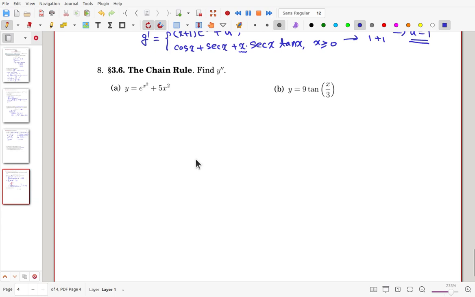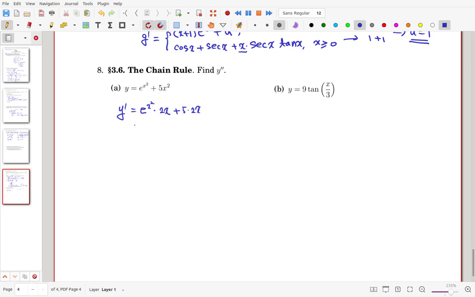Okay, here we have a final problem. By using the chain rule, we'll try to get the second derivative of the functions. First, y prime is the same as, momentarily thinking of x squared as a variable u, the derivative with respect to u will be e to the u, which is x squared, and now the derivative of u with respect to x, which is 2x, plus 5 times 2x.